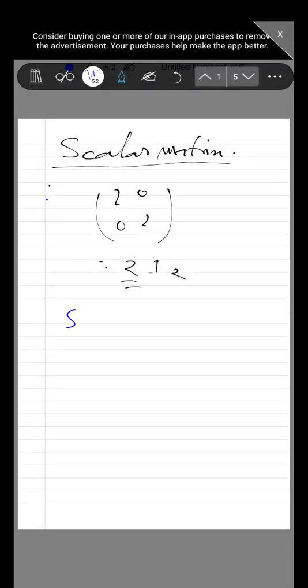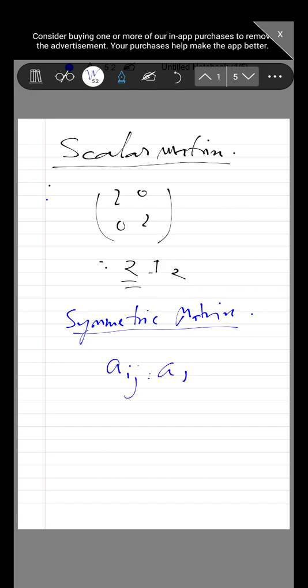Then we have something called a symmetric matrix. A symmetric matrix is characterized by Aij equal to Aji.